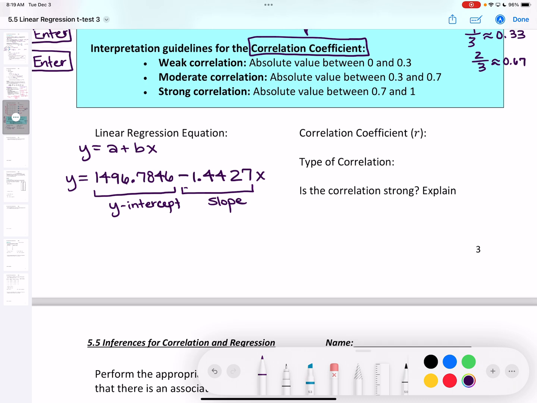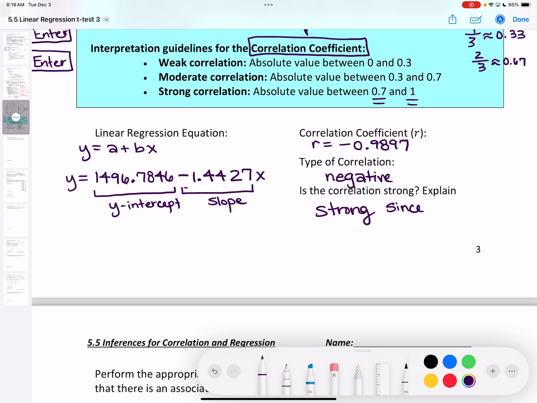All right, and then what did we get for r, which is called your correlation coefficient? It says r equals... That's okay. We'll just do 0.9897. So negative 0.9897. So what kind of correlation is that? Yes, it's negative. And is it strong? Yes. Why? It is strong since we said strong is any number between 0.7 and 1, right?